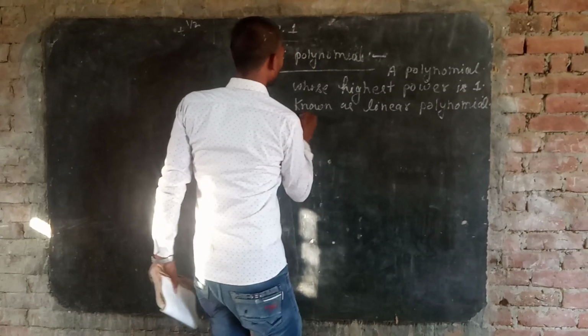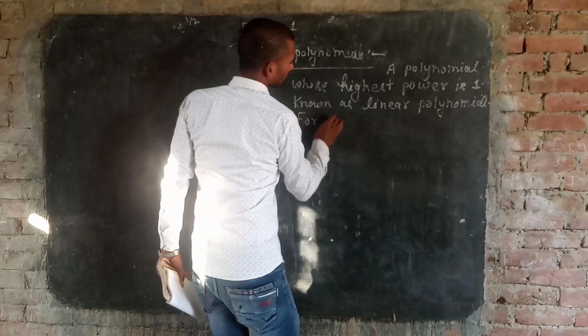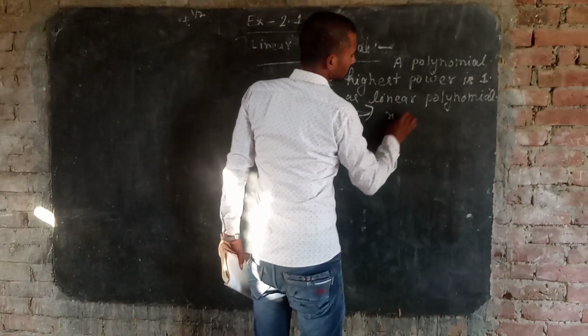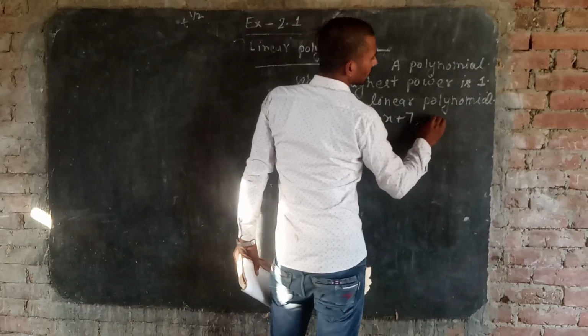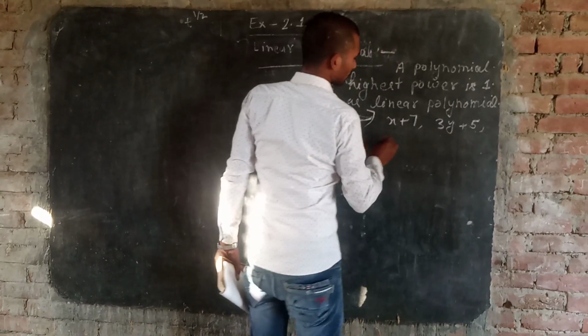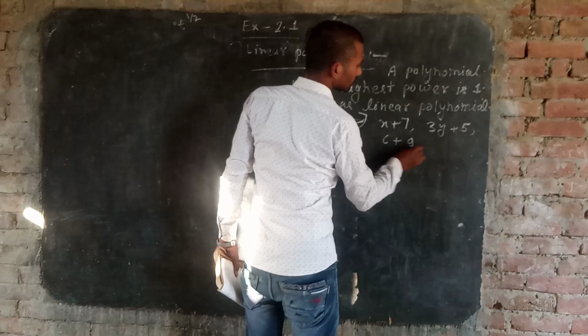For example, x plus 7, 3y plus 5, c plus 9, etc.